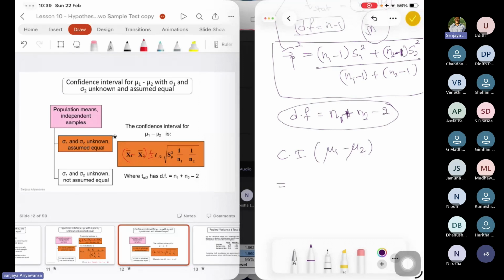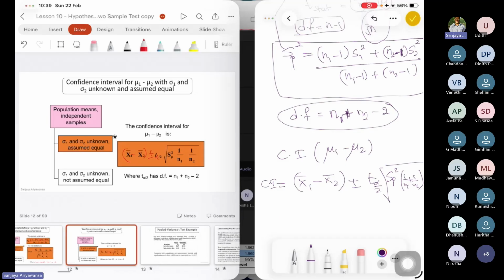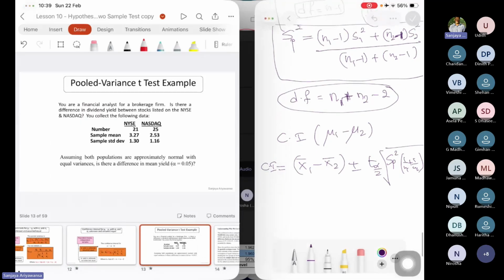So that is given by the point estimate x1 bar minus x2 bar, plus or minus t alpha divided by 2. Why is it t? Because sigma 1 and sigma 2 are not known. Times the square root of sp squared times (1 over n1 plus 1 over n2). That's the confidence interval.